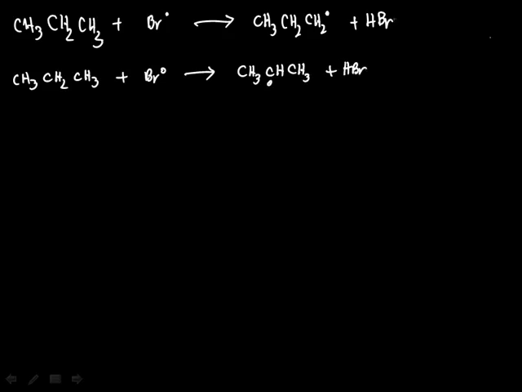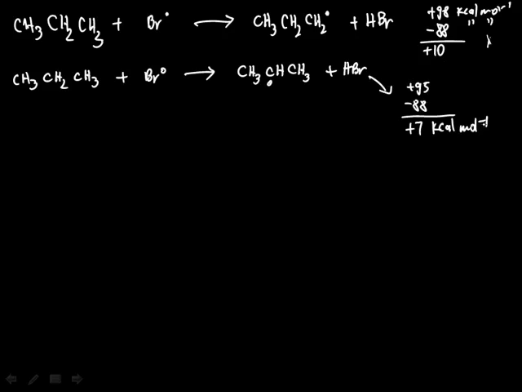In this case, the bond dissociation energy of the propane C–H bond is plus 98 kilocalories per mole, and the formation of the hydrogen bromide bond is minus 88, which means that we're still plus 10 kilocalories short. In this case, it's plus 95 and minus 88, and so we're plus 7 kilocalories short. Okay? And so now this difference is just 3 kilocalories per mole, and you will notice that it's the same difference that we observed in the chlorine case.